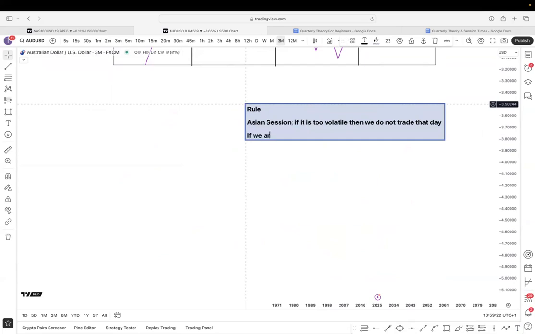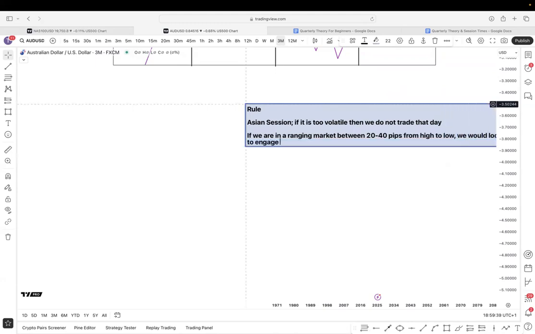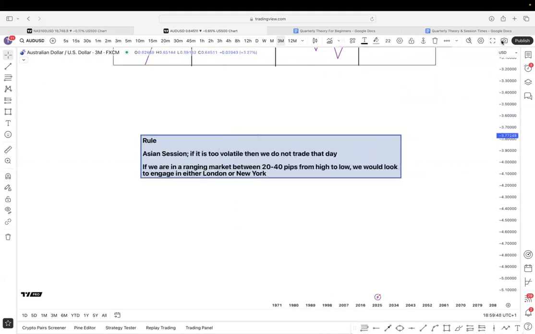If we are in a ranging market between 20 to 40 pips from high to low, we would look to engage in either London or New York. That is basically a golden rule, which you need to include in your trading plan.